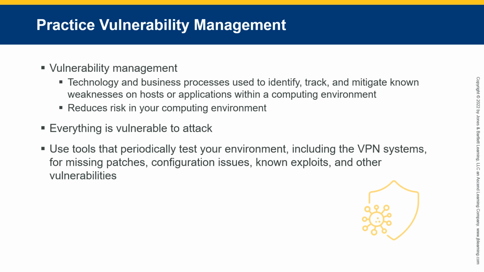Tripwire checks your device configurations and creates a hash table of all your files. Qualys checks for known exploits and other vulnerabilities. So you're going to get these different tools that can do different things to make sure you know your posture and your vulnerabilities.